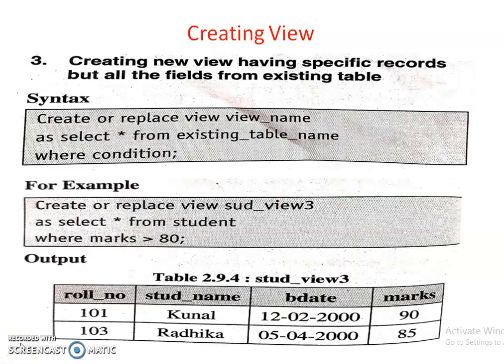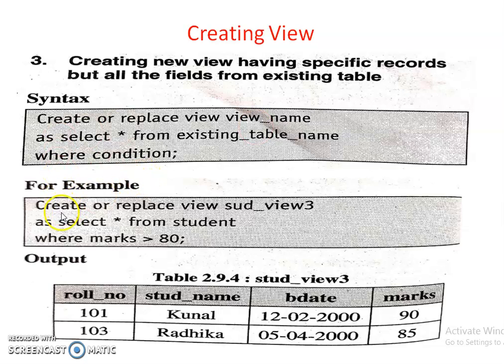Now we discuss creating a new view having specific records but all the fields from the existing table. It means specific records but all the fields are included in this view. So the syntax is: CREATE OR REPLACE VIEW view name AS SELECT * FROM existing table name WHERE condition.